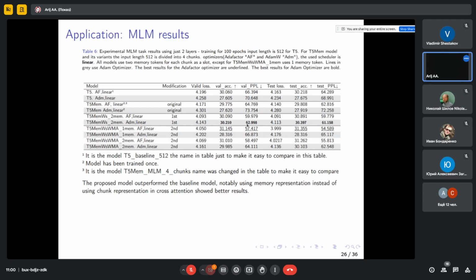And this again emphasizes the memory's ability to compress the chunk representations. The same holds for using Adafactor. Again, better perplexity and better accuracy compared with all models that use Adafactor.